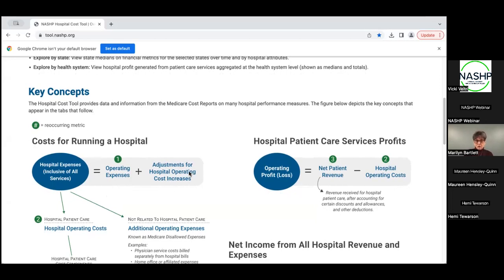But it will also include some adjustments. These are additional expenses. Some examples of these would be expenses coming from the home office, as they may have a particular contract with a vendor and pay for all of the IT expenses, but some of those are appropriate for the hospital. So we'll bring those costs in.